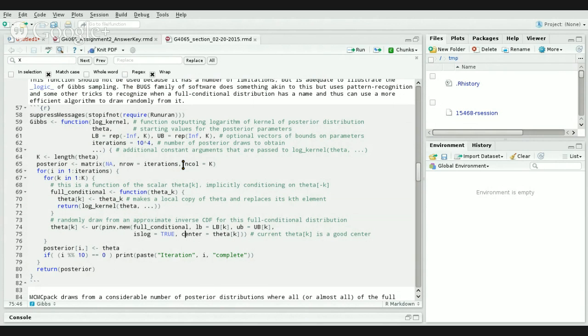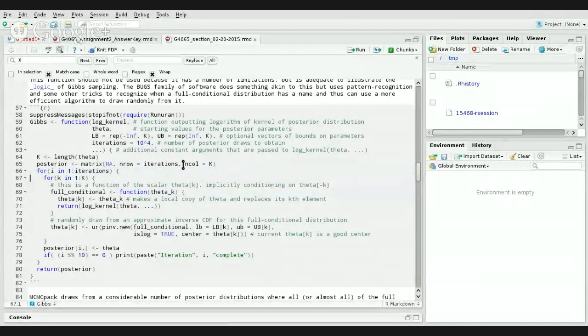Just to be clear on what's going on in Gibbs sampling, when we take the full conditional distribution with theta k, does it update every single line or does it update every cycle? I don't know if it even matters. Well, it does matter. So that's why we have two loops. The outside loop is for the number of draws of the theta vector that we want at the end.